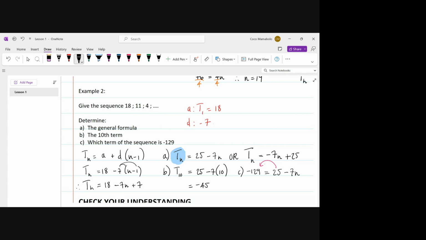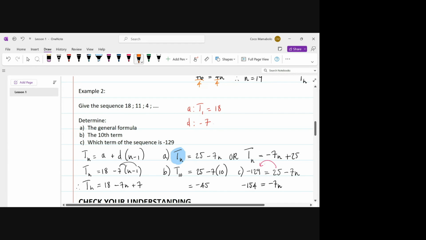104. The number should be higher, my darling. Or, sorry, it should be smaller. It should be much smaller. Oh, ma'am, it gives me 154. Correct. Yes. Negative 154. -154 equals, what's left? -7n.